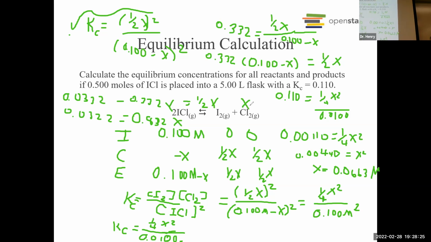So then x is equal to 0.0332 divided by 0.832, so x would be equal to 0.0399 molar.